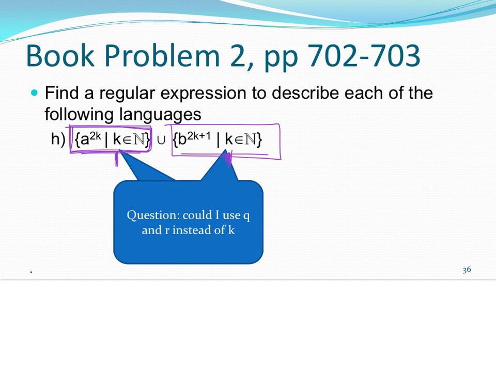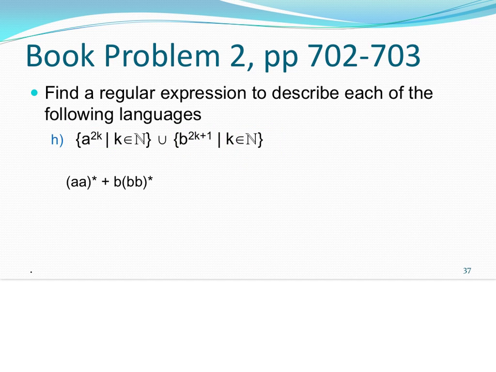So if we changed, say, this k to an r and that one to an r, then it would mean exactly the same. There's nothing here that says that there's some relationship between the number of A's and the number of B's. This is all of those strings that have an even number of A's, and this is all of those strings that have an odd number of B's. So here you go.